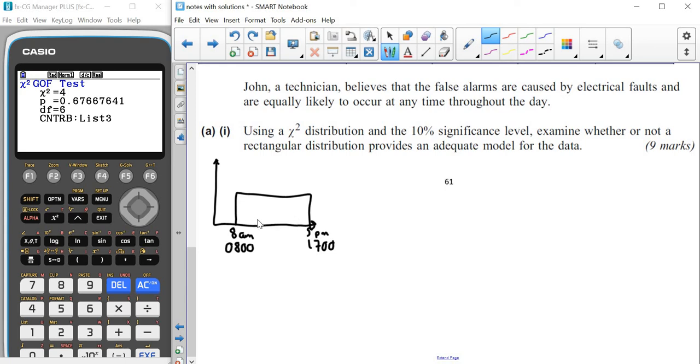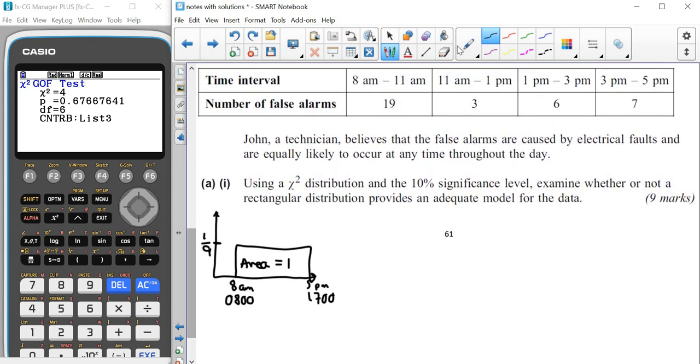Okay, we've got 9 hours between 8 a.m. and 5 p.m, which means that the probability of the side here is going to be 1 over 9, because remember that the area of the rectangle is going to be 1, because all probabilities are going to add up to 1.